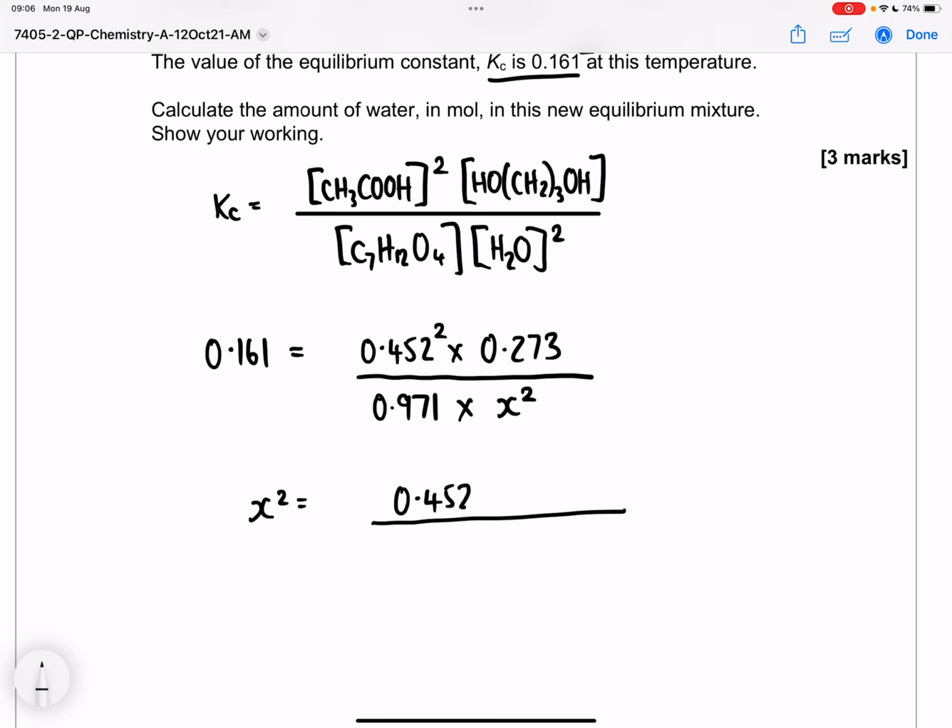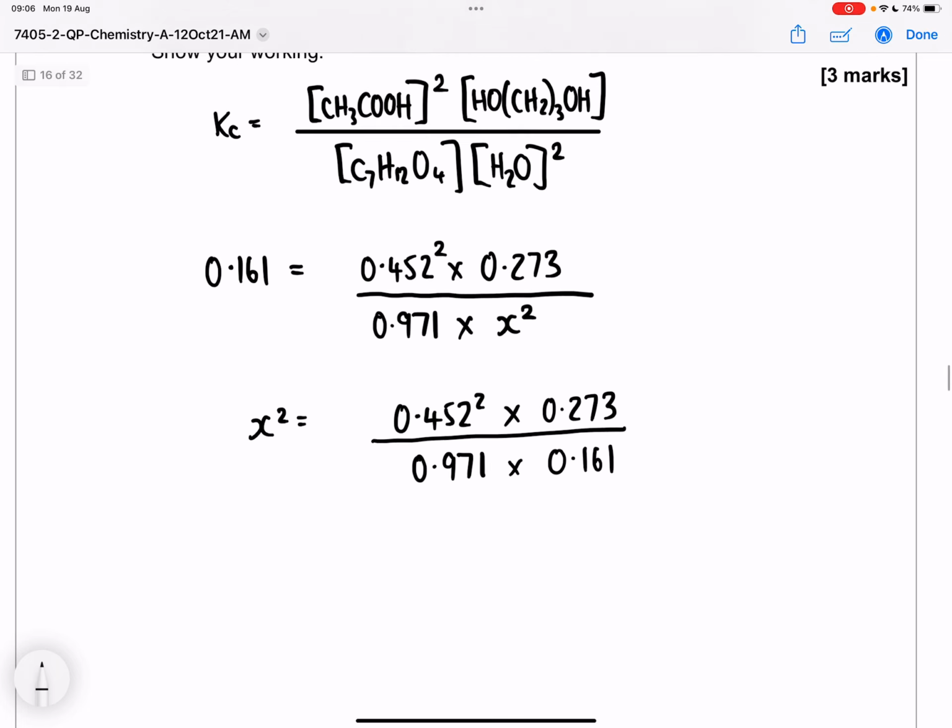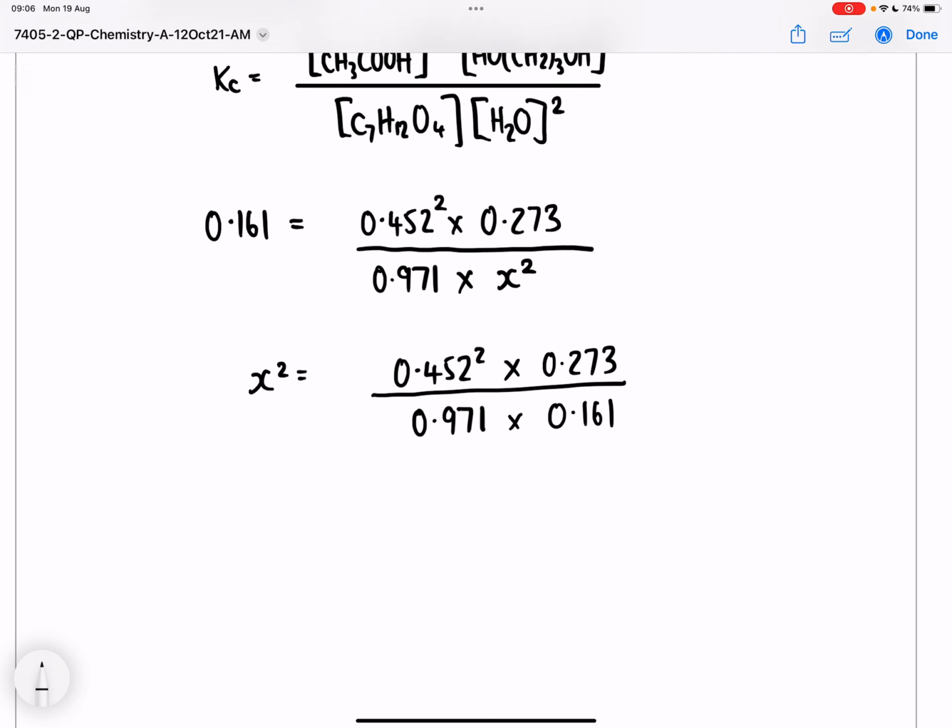So I'm not changing 0.452 squared, I'm not changing 0.273, I'm not moving the 0.971. Then I'm going to divide both sides at the same time by 0.616. So I get x squared equals. I'm going to put all of that into my calculator. And if I do that, I'm going to get 0.357. So I'm going to square root it to get x. And that's going to be 0.597.